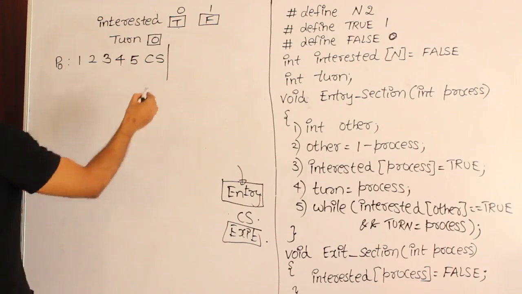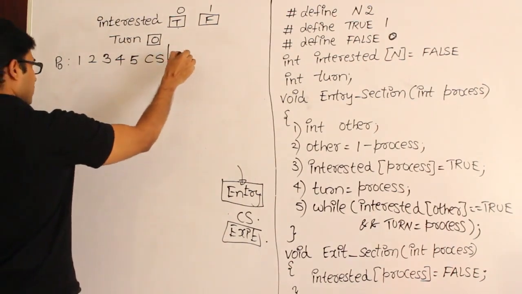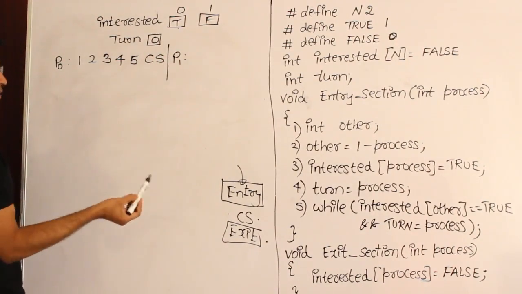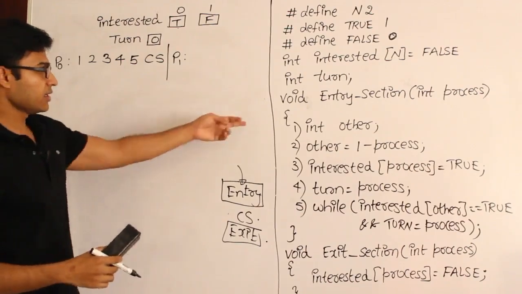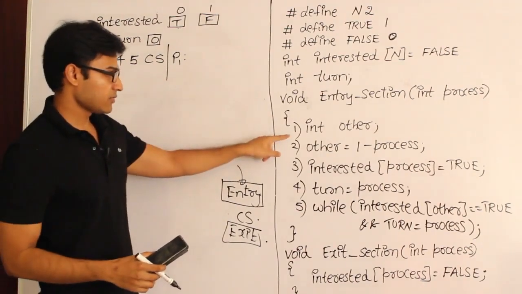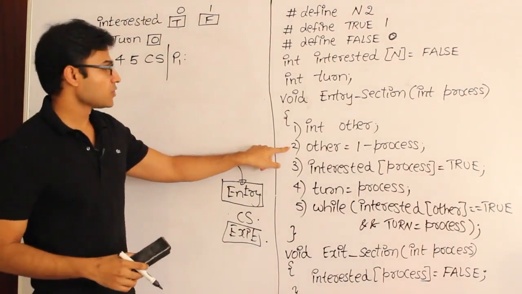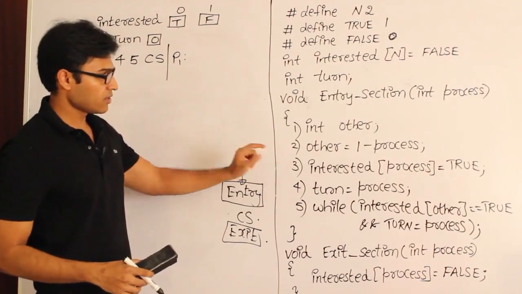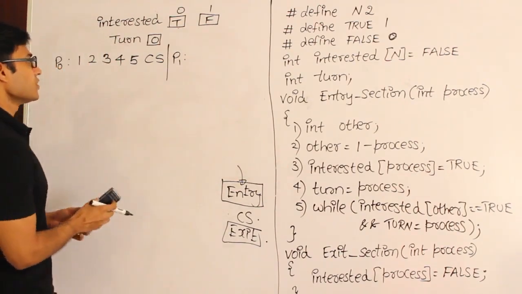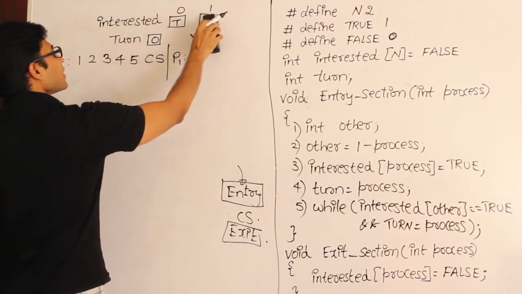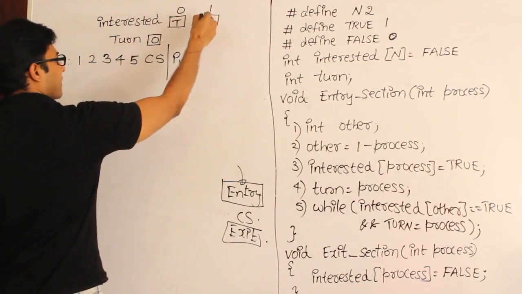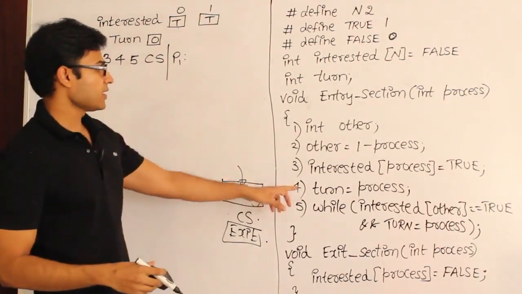And now assume that P1 has started execution and P1 also wants to enter the critical section, therefore it has entered the entry section. Now the first line and second line are simple. So other is nothing but 0. Now interested of process equal to true, which means P1 is saying that I am interested. And the second one is turn equal to process.